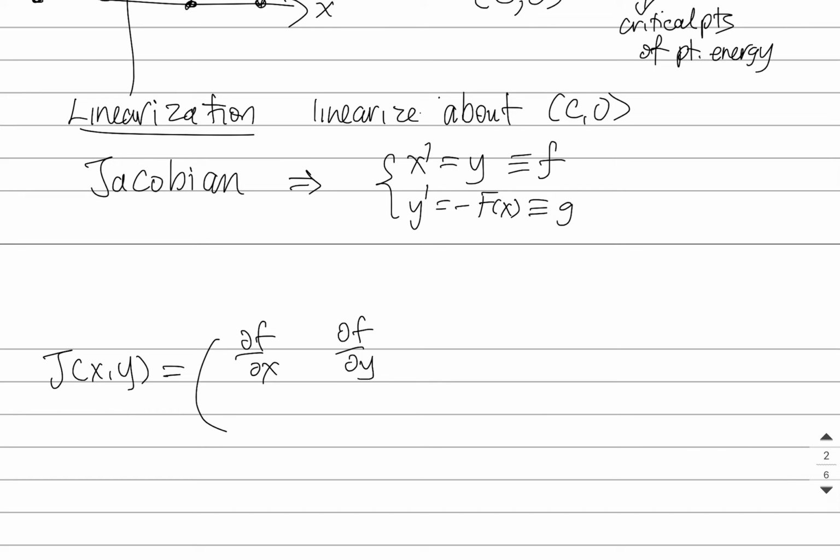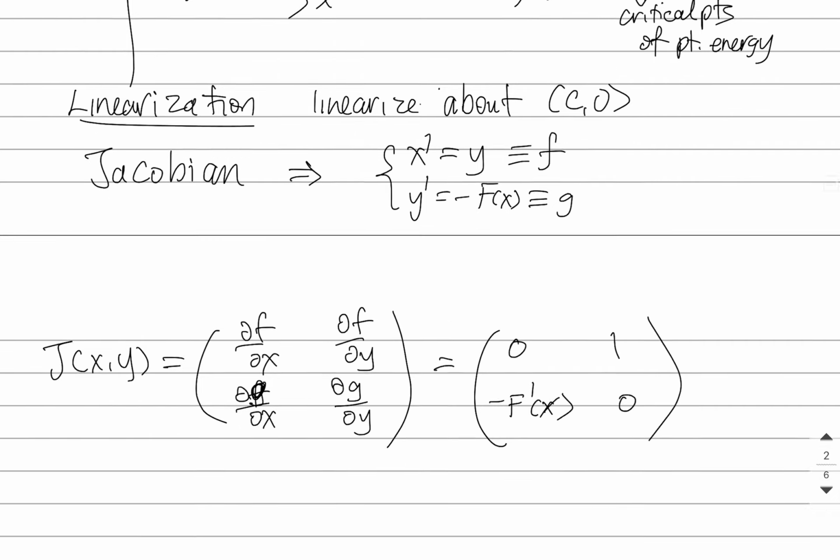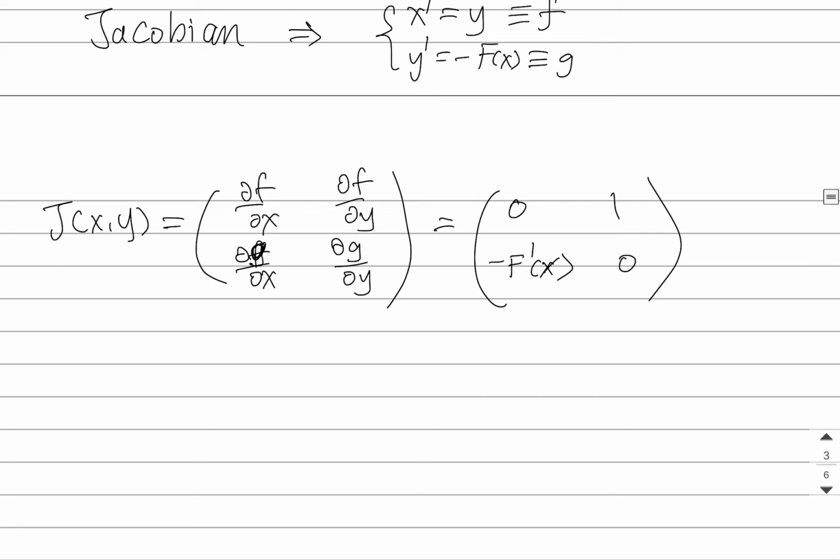And because we've got this conservative system, there's going to be some symmetry here that will always be the case. The x partial derivative is going to be 0 up there. We'll always get a 1. We'll always get a negative f prime of x here. And we'll always get a 0. So the Jacobian is there. Now, note we will be almost linear when the determinant of this matrix is non-zero.